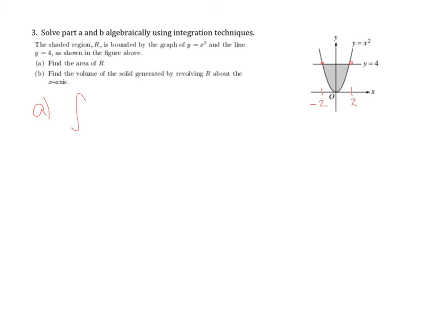So to find the area, I'm going to calculate the integral from -2 to 2. And I'm going to need to do the upper minus the lower. So the upper curve is 4 minus x squared dx. To do this out by hand, I'm going to do 4x minus x cubed over 3 from -2 to 2.